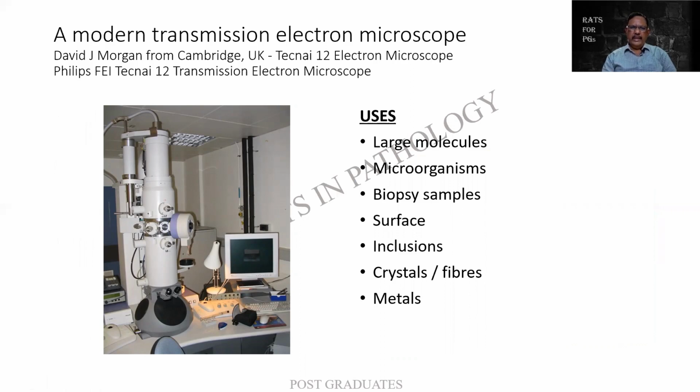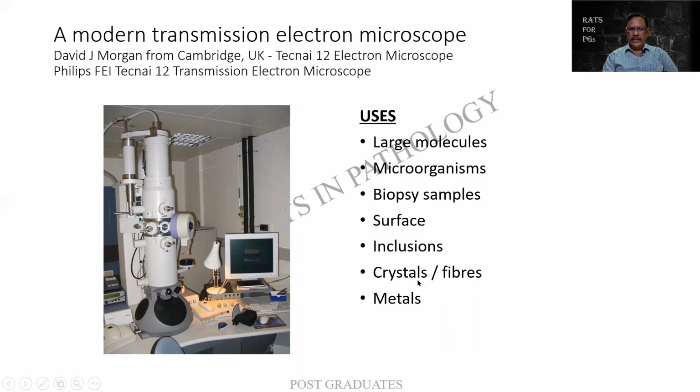What are the basic advantages of the electron microscope? It is not in medicine alone. Any large molecule can be analyzed and studied. Microorganisms, I shall be showing you a few examples. Biopsy samples, if you are going to see the surface, microvilli for example. Inclusions, various inclusions are there, which again shall be shown.